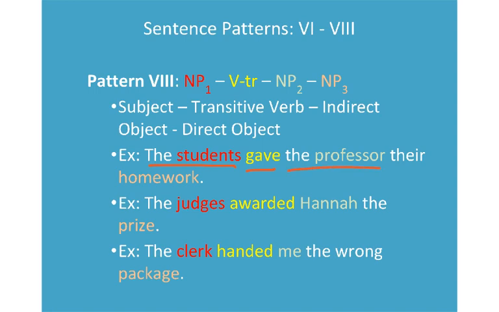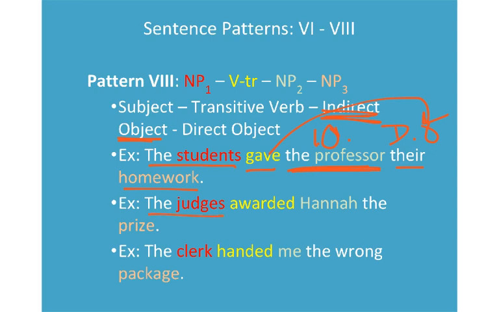Their homework. Who did they give it to? The professor. So in this case, the professor is the indirect object. An indirect object is who is receiving the direct object, who or what.